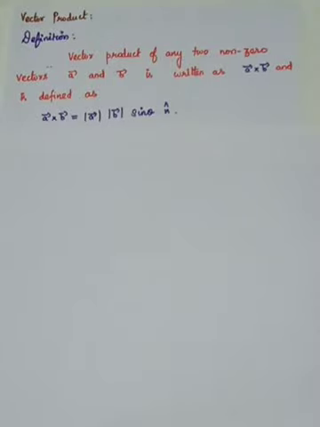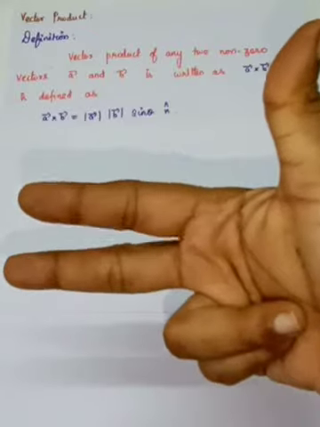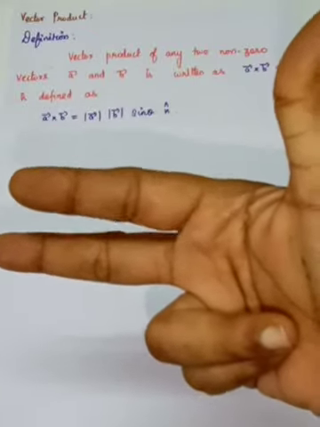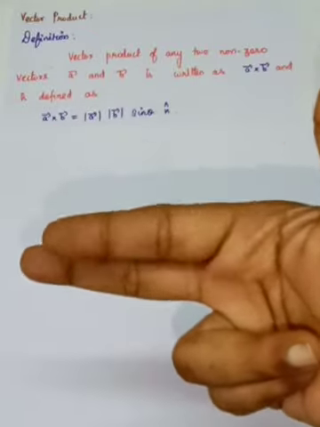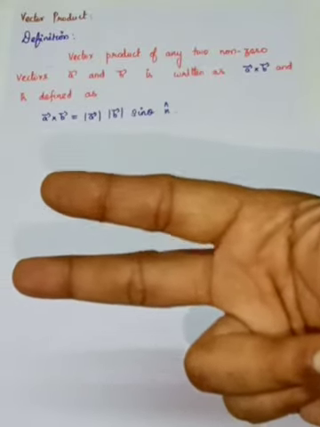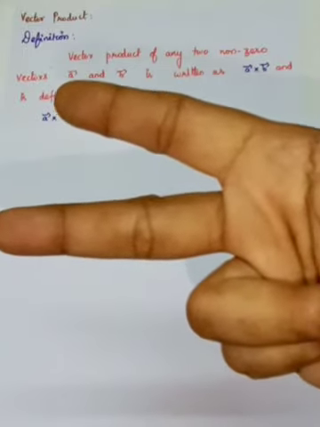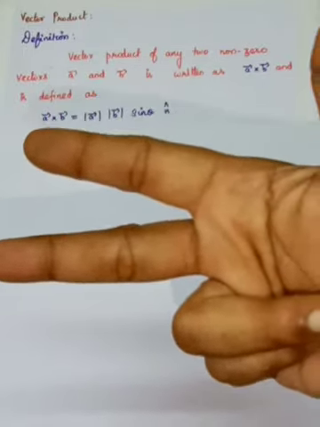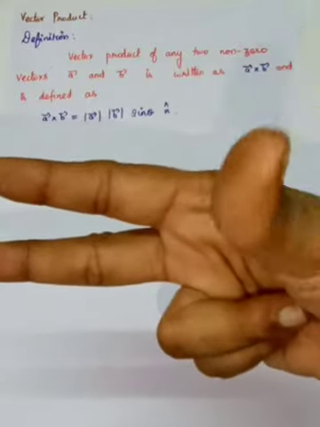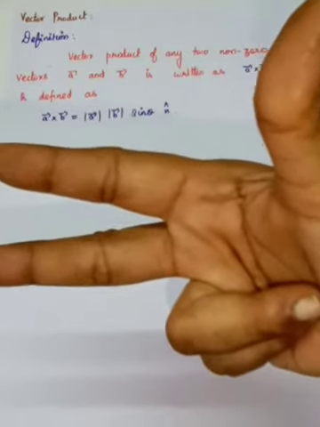Now, if I use my right hand, this pointer finger shows the direction of a vector, and this middle finger is in the direction of b vector. Then the thumb will point in the direction of a vector cross b vector.